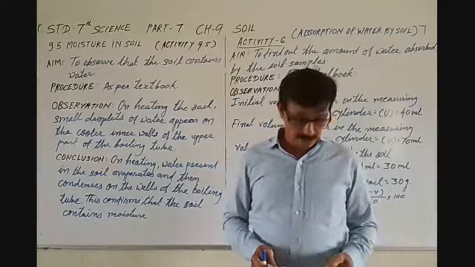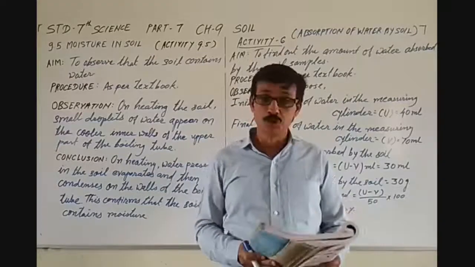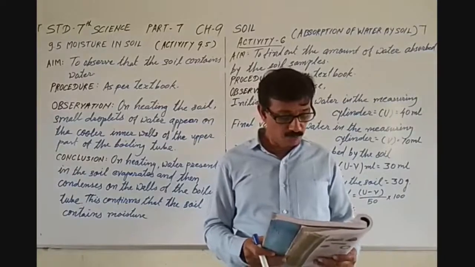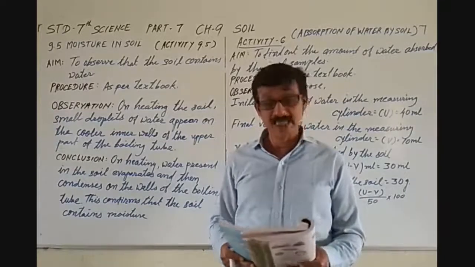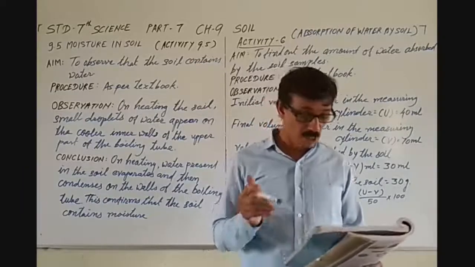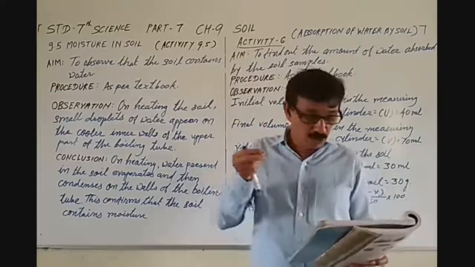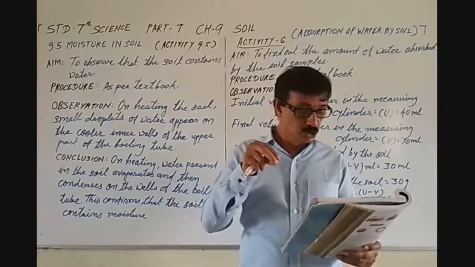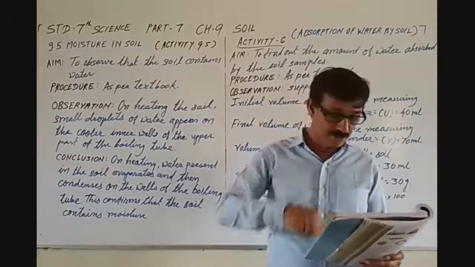So take a boiling tube. Put 2 spoonfuls of a soil sample in it. We have to take a boiling tube and put 2 spoonfuls of a soil sample in it.